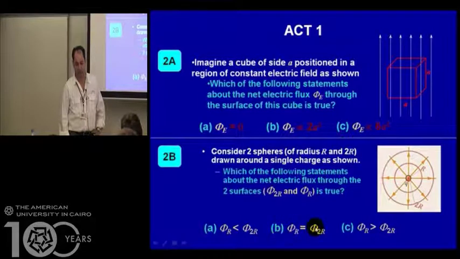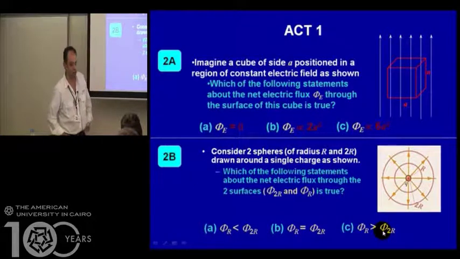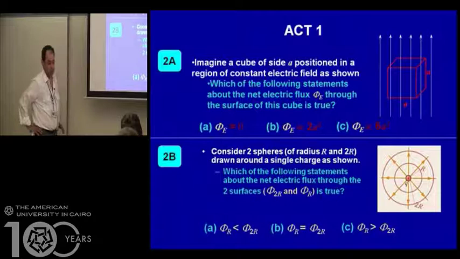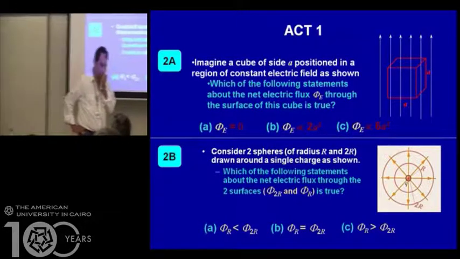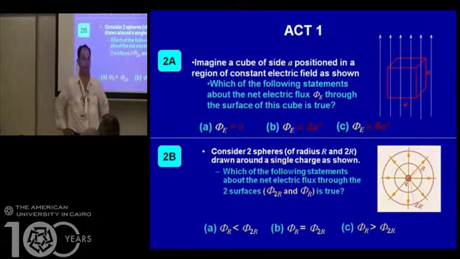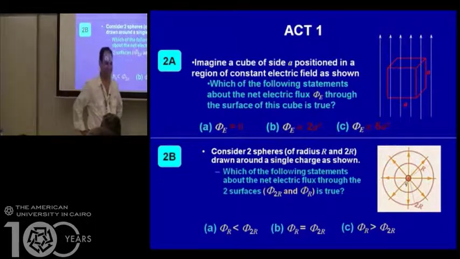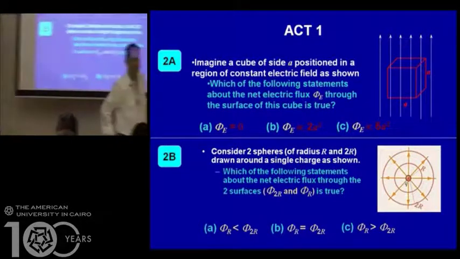B: the two fluxes are equal. C: the flux on the smaller sphere is more than the flux on the larger sphere. A, B, and C. Good.